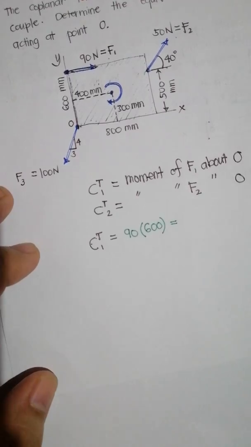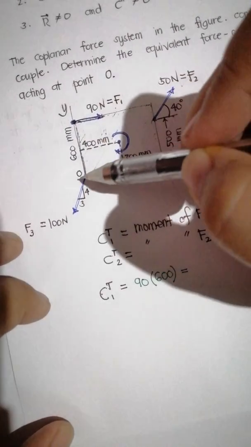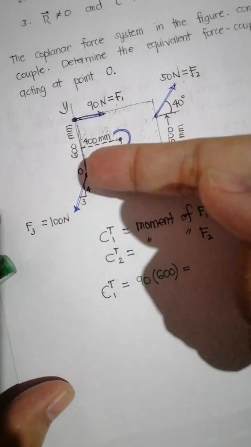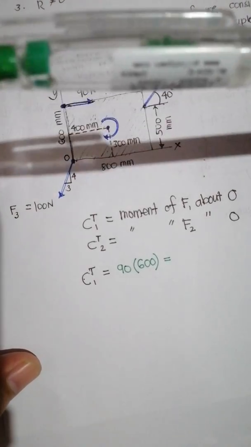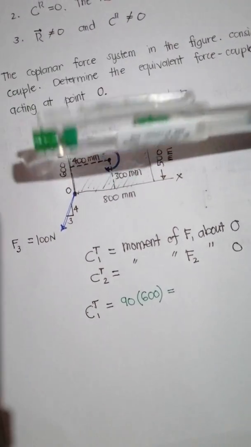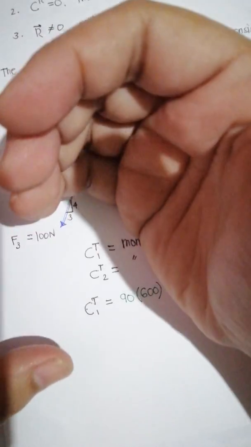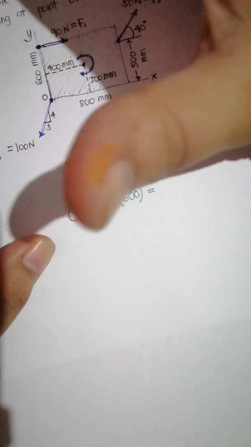Okay. Now, the rotation is clockwise. If you are going to use the right thumb rule, the axis perpendicular to the paper towards us is the positive z-axis. So we point the right thumb to the positive z-axis.